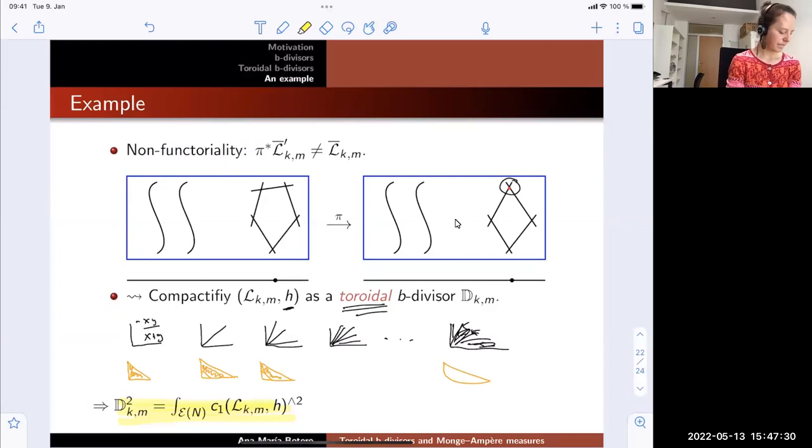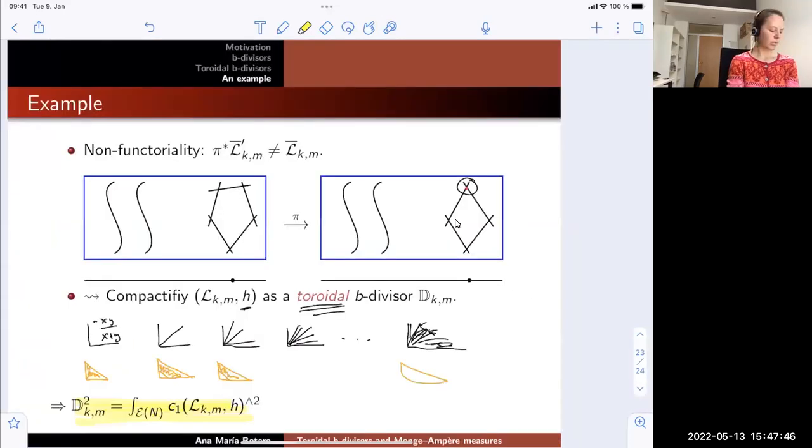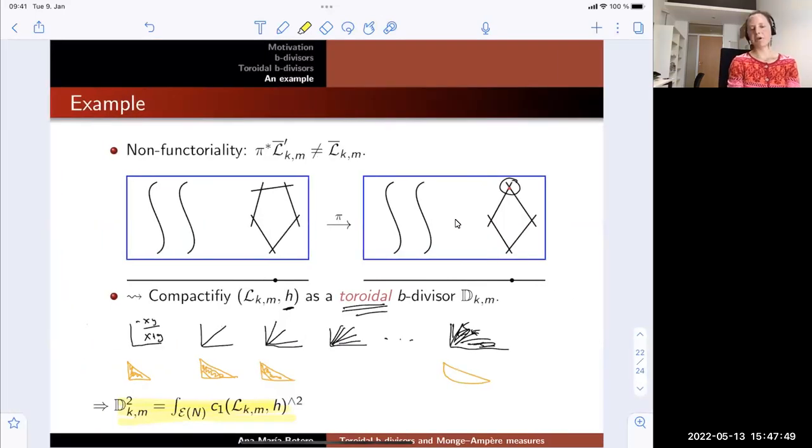And then maybe I make some important remarks. The first one is that for the Chern-Weil type statement we had before, this toroidal property is not necessary. So you can prove such a statement without the b-divisor being toroidal, just for the general case.